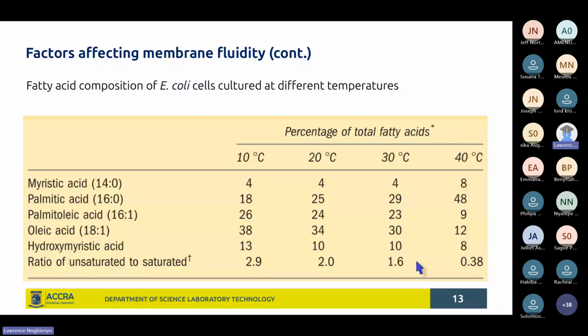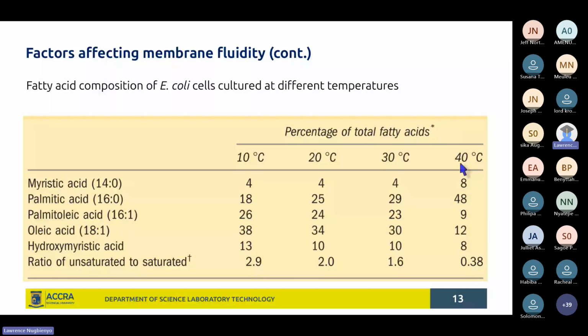So you see, at a temperature of 40 degrees Celsius, same E. coli, which is cultured at such a temperature, is having an unsaturated to saturated fatty acid ratio of 0.38. In other words, less unsaturated fatty acids were found in the membrane, or more saturated fatty acids. Because if you have more saturated fatty acids, it will mean that more energy will be required in order to make that fatty acid fluid.